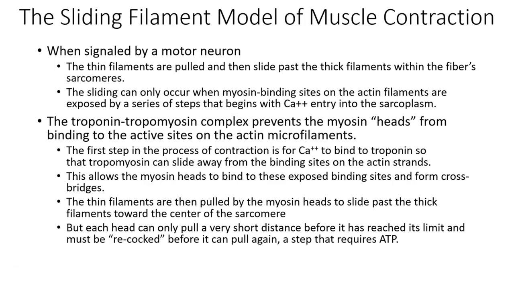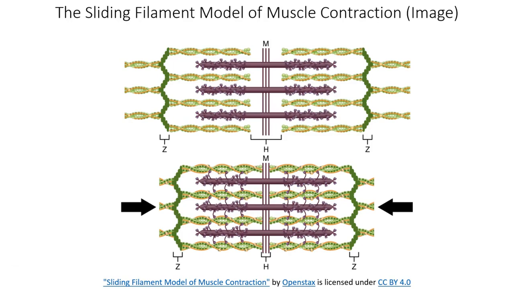Each of those myosin heads can only pull for a very short distance before it reaches its limit, and it has to be reset before it can actually pull again, so that step's going to require ATP. And so this can change a little bit how the muscle contracts, how long it's able to stay contracted, and stuff like that.